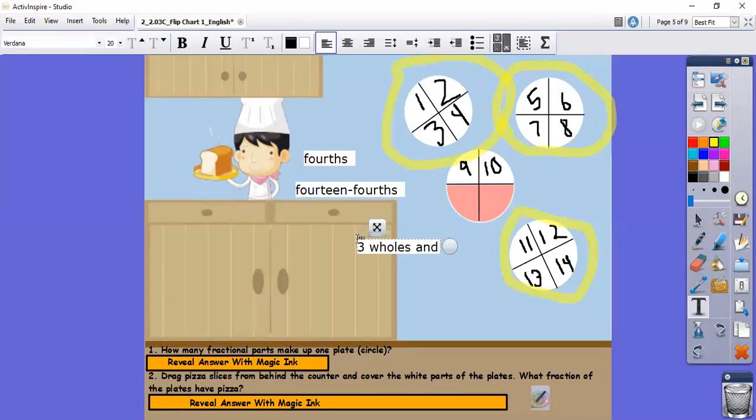And I also have 2 fourths. I could have even gotten fancy and said I have 3 wholes and 1 half, because 1 half of this circle is white. 2 fourths, 1 half, same thing.